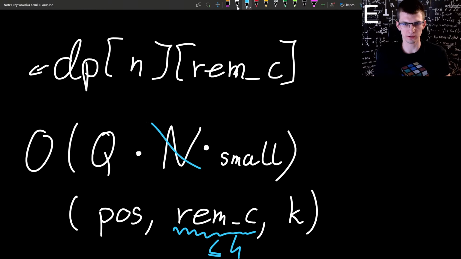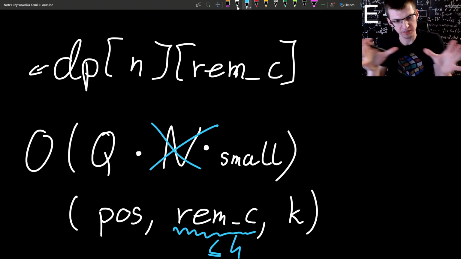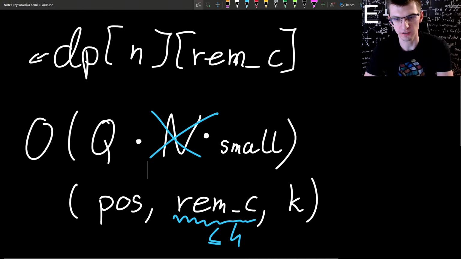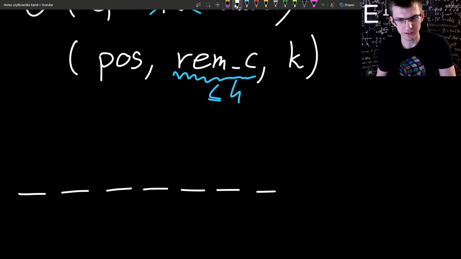I don't want to have n in complexity. I want to make a quick jump over a big part where I don't do any operation. So the sequence might be very, very long, but only in at most 4 places I will do something.